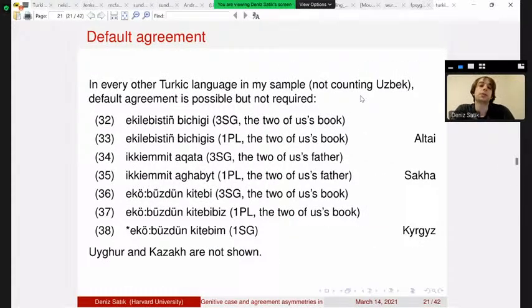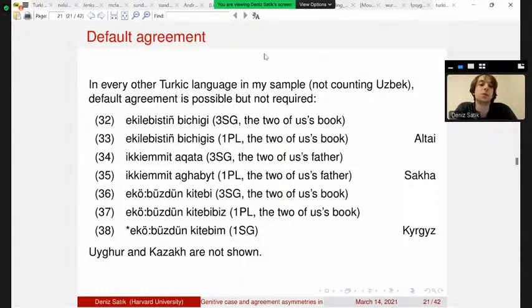Now, moving on, I've talked about Turkish so far, and I want to talk more about the other Turkic languages as well. So Turkish is actually weird in a good way. Default agreement in Turkish is necessary in all contexts with the genitive case marking. But in every other Turkic language in my sample, apart from Uzbek, default agreement is possible, but optional, not required.